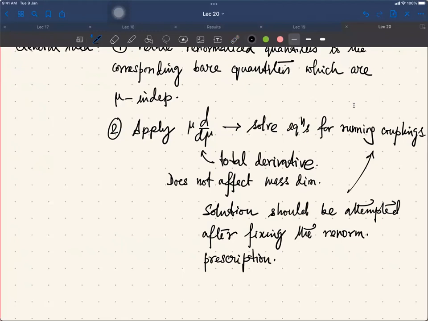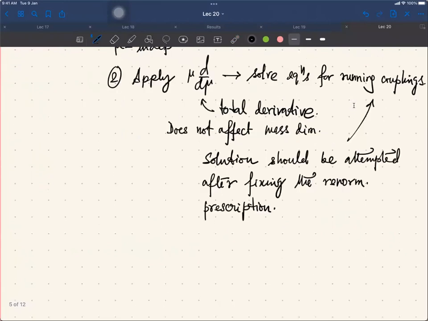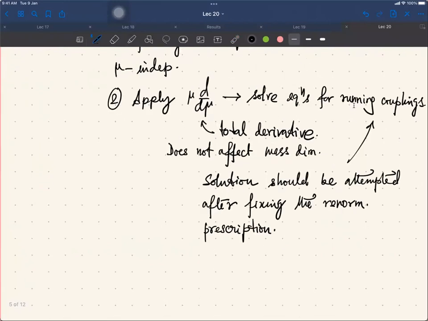That's because the renormalization prescription has some finite ambiguities. You can write down the differential equations including those ambiguous terms, but you cannot solve them. Once you fix a prescription and remove the ambiguity, only then can you solve them explicitly.